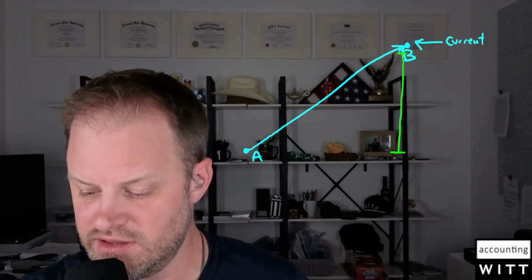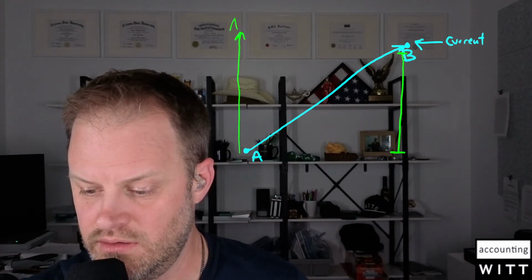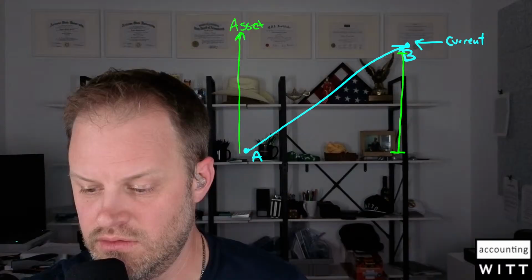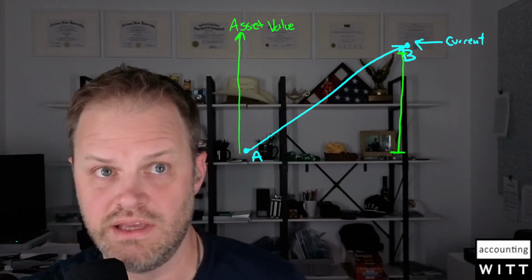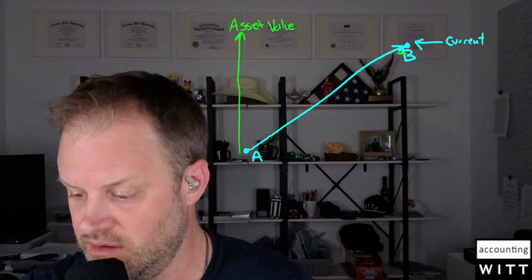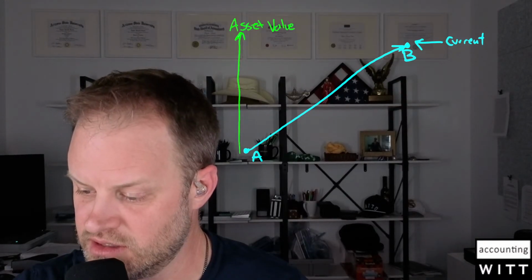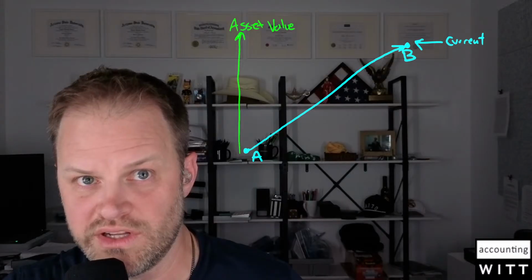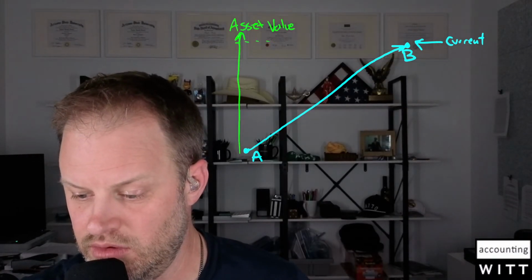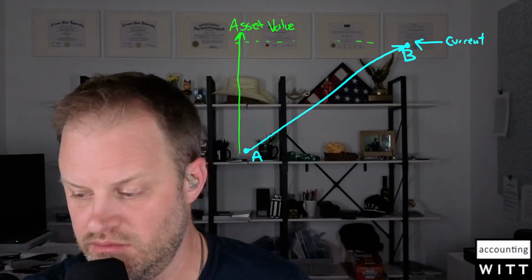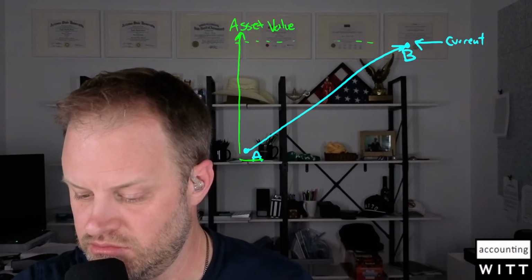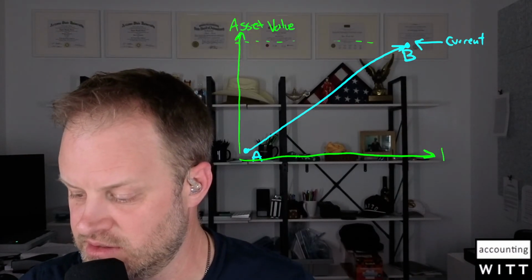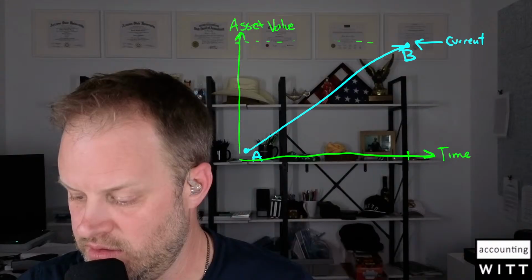So let's say that this y-axis is the asset value. The asset value of the company. So all the assets the company owns, what is their value right now at the current time? So obviously x-axis is time, and this is now.